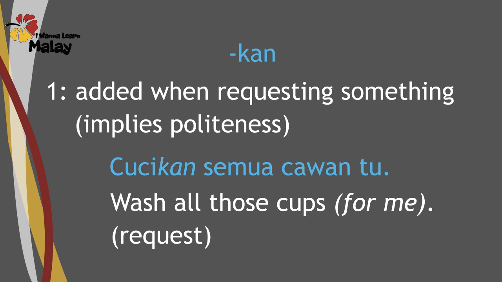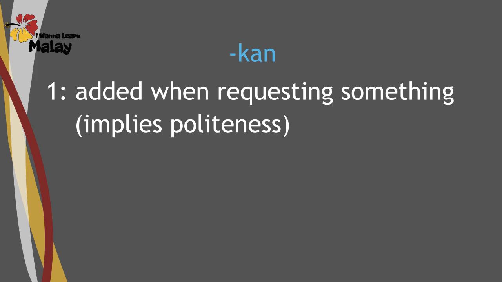Cucikan semua cawan tu. It's like a request: wash all those cups for me, or on my behalf. With the addition of kan, the sentence conveys a slight politeness as compared to without the kan.